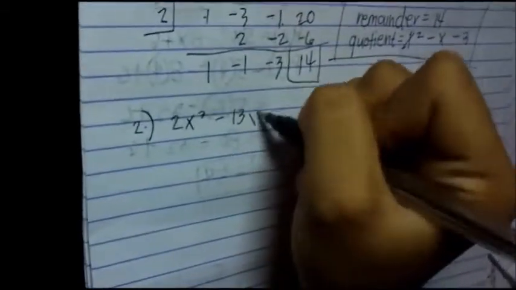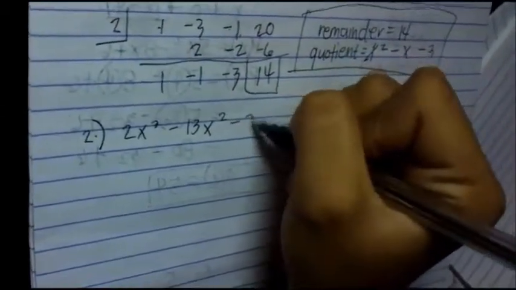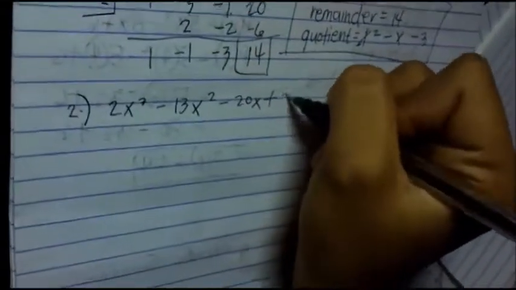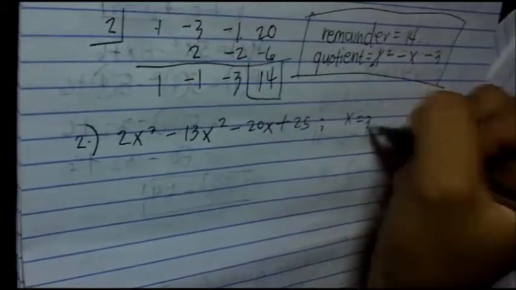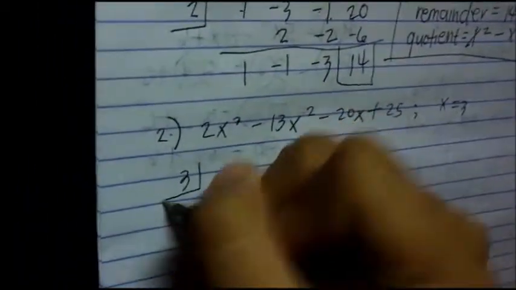So that. Then our second example is 2x cubed minus 13x squared minus 20x plus 25. Then x is equal to 3. So 3.